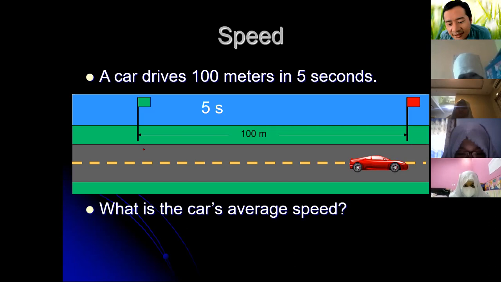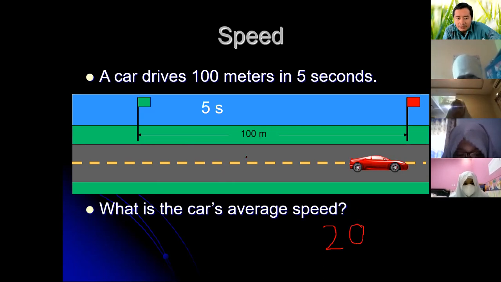So anyone knows what is the car's average speed? 20. Okay, who said that? Sarah. Oh, Sarah. Okay, what is the car's average speed, Mbak Sarah? Itu 100 per 5. Okay, good.